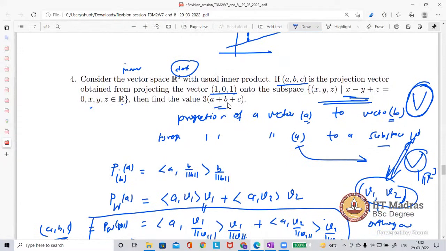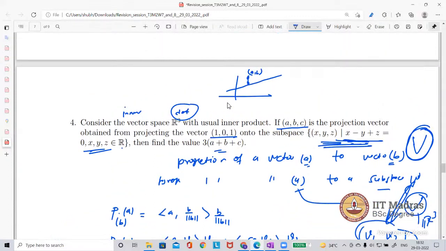So how to find it now? We have to find an orthonormal basis of this subspace. What is the process? First find a basis of this subspace. This is the relation x minus y plus z, so you can write x is equal to y minus z.